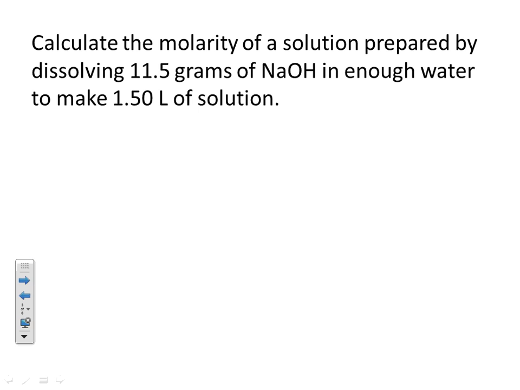So here's the first practice question. Calculate the molarity of a solution prepared by dissolving 11.5 grams of sodium hydroxide in enough water to make 1.5 liters of solution. So we already have our liters. We just need to convert our 11.5 grams of sodium hydroxide into moles.